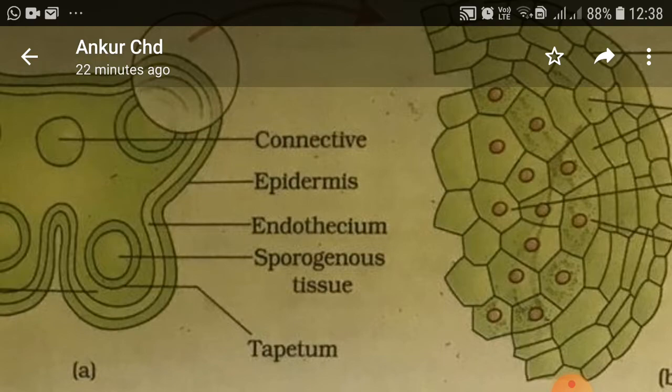The pollens burst out from this point. So here the stomium part remains thin walled because it has to burst out later on. When it becomes mature and dry, the cells from here burst and the pollens are released.